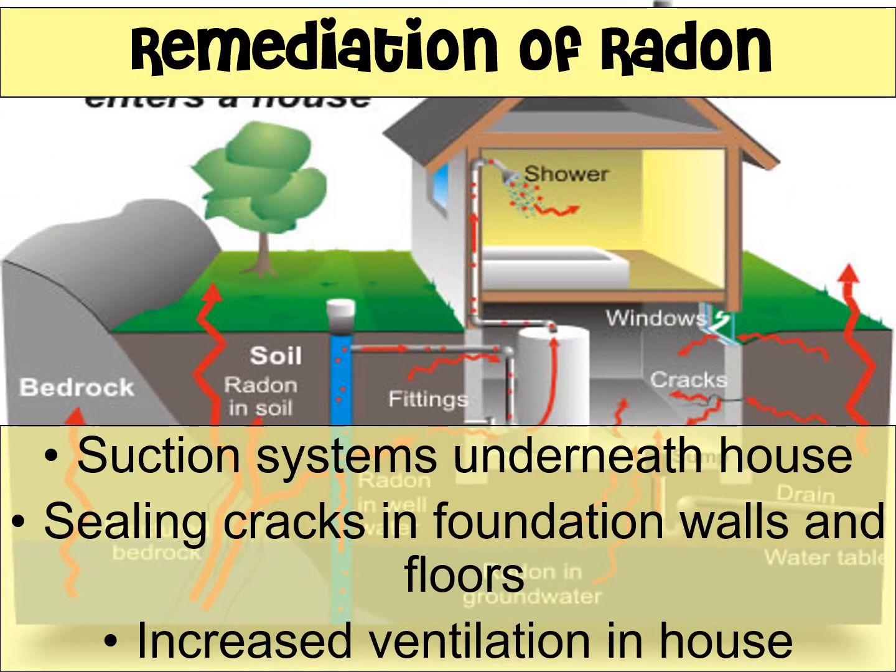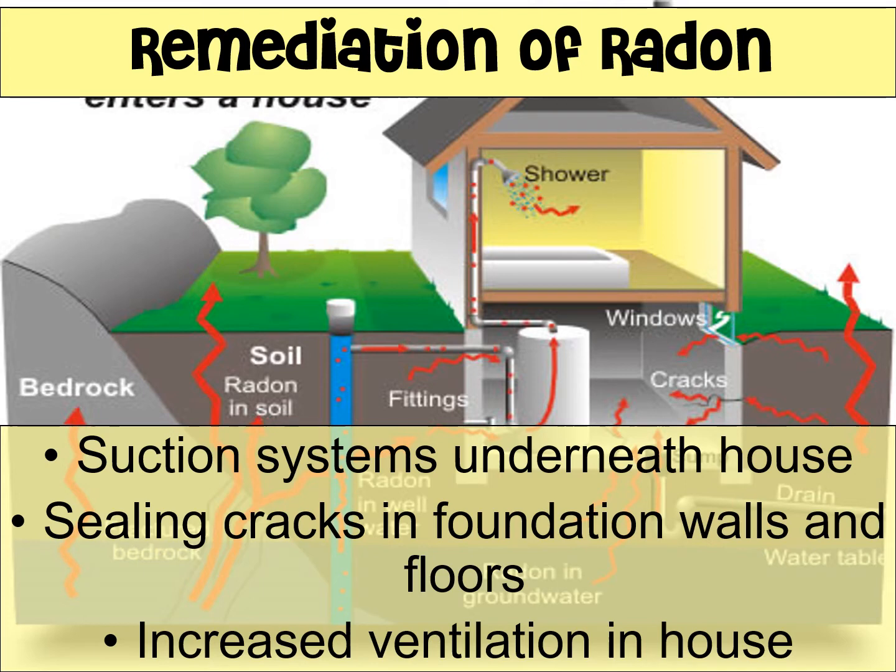So how do you get rid of the radon? Well, you have to do some things with your house to be able to suction out that gas. Sometimes people install suction systems or vacuums underneath the house that can pull the gas away from entering into the house.